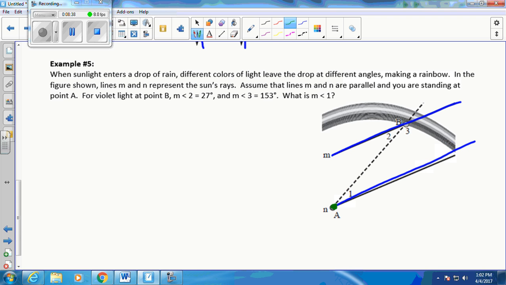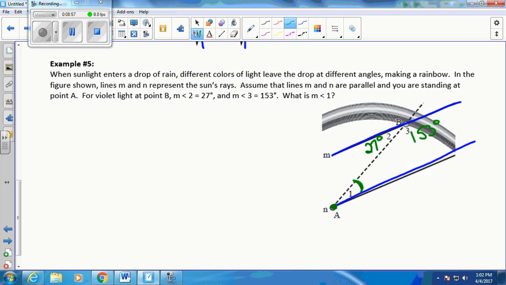For violet light at point B, I'm going to label that point B, the measure of angle 2 is 27 degrees, and the measure of angle 3 is 153 degrees, I'm going to label that. They want to now know what the measure of angle 1 is, so they want to know this angle here.